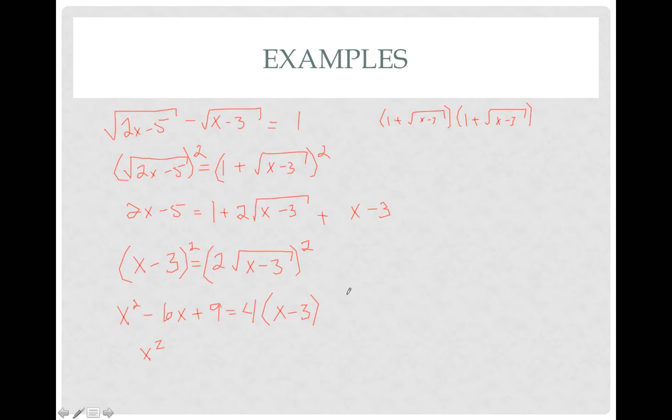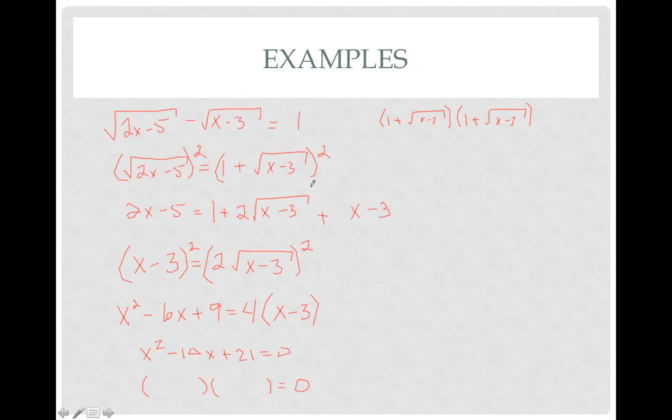This is actually a 4x minus 12, so I'm going to subtract 4x. This is a minus 12, so I'm going to add 12. And then I'm going to assume that every single one of you can factor this and solve for the x values and make sure you substitute both to see if they work.